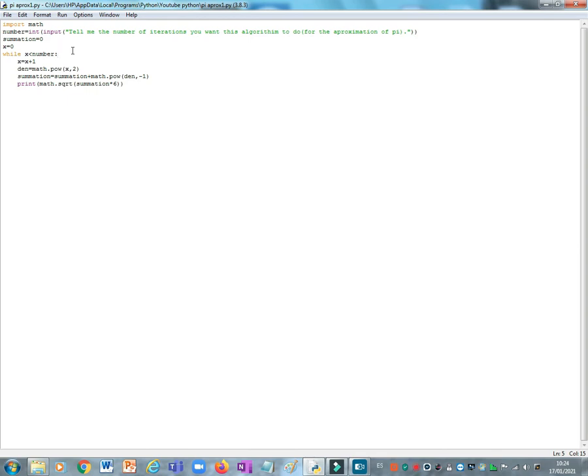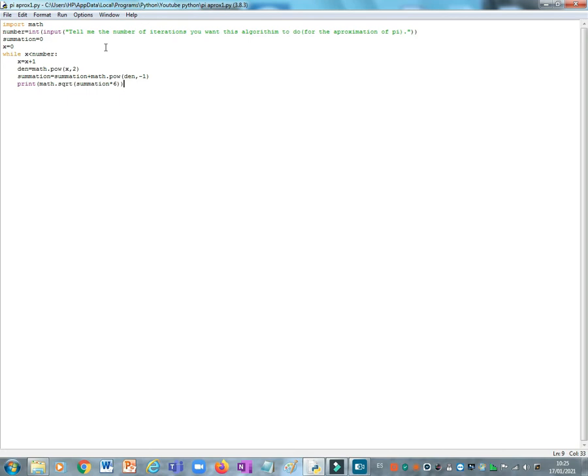So while x is smaller than number, x is equal to x plus 1, the denominator is going to be x to the power of 2, and summation is going to be summation plus denominator to the power of minus 1, which means it's 1 over denominator. So it has to print the square root of summation times 6.